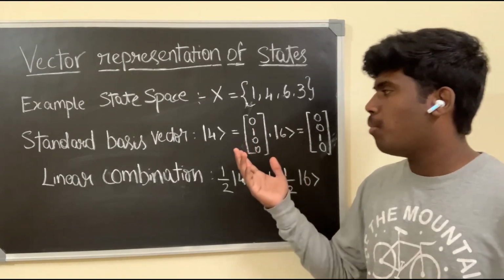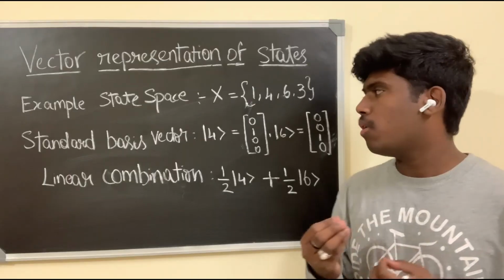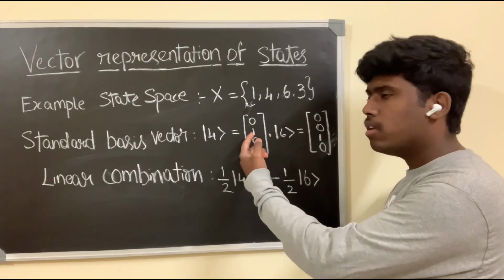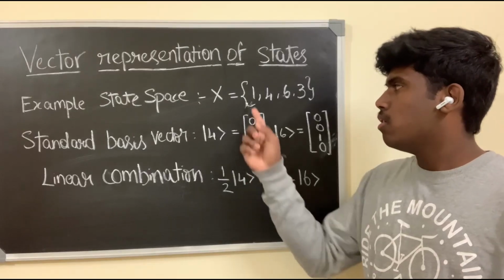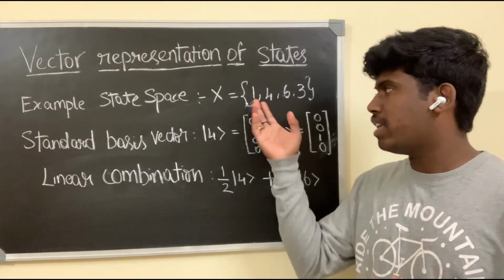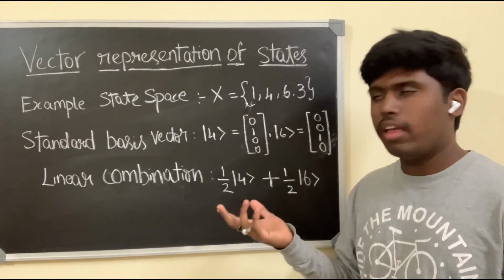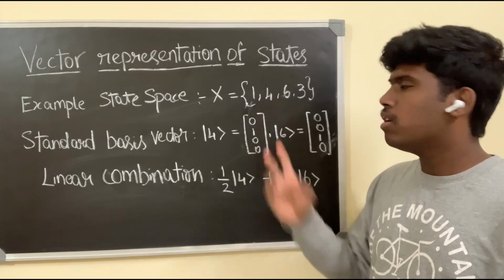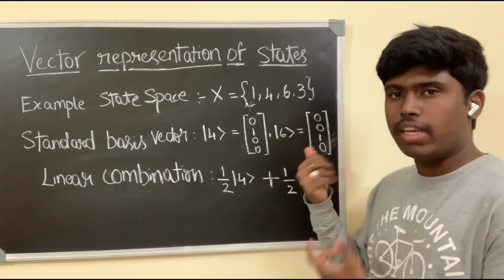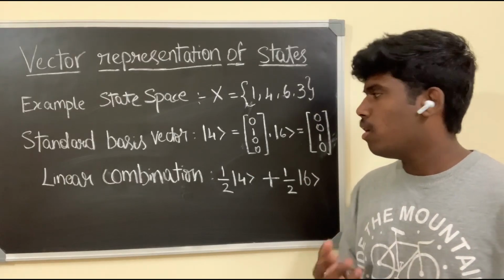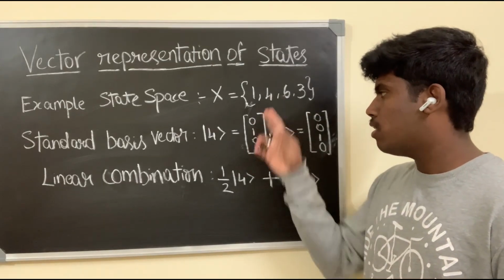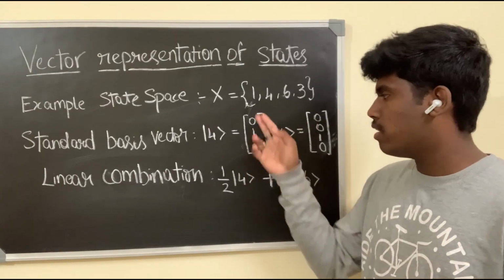So how do we come to the conclusion of why 1 is the second entry and 0 in the rest? That is because of the state space that we have here, where 4 is in the second position in the state space. So aligning that with the vector form, we can write this second entry as 1 and the rest as 0.